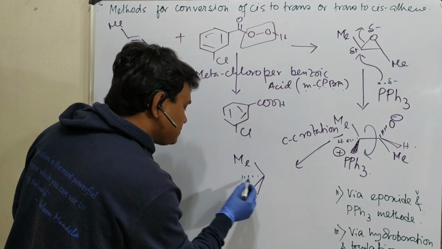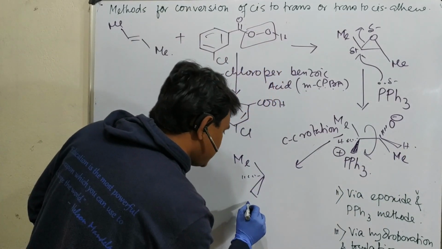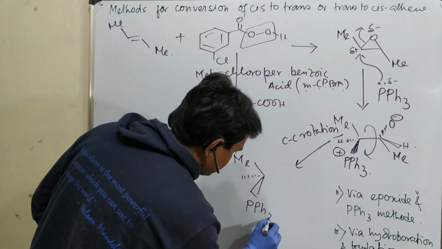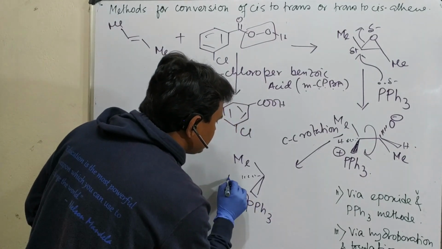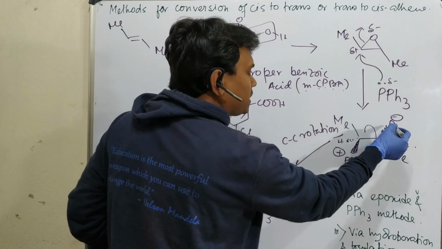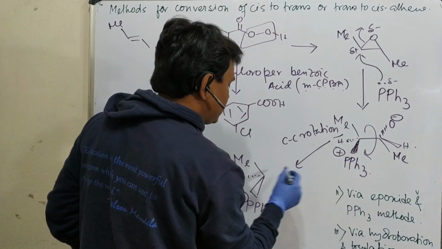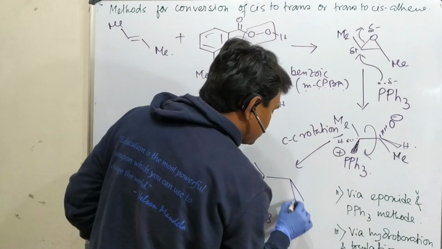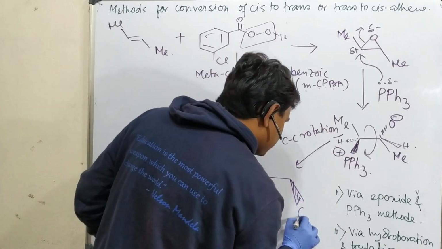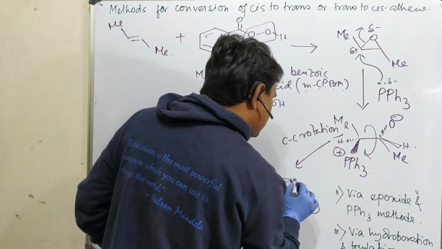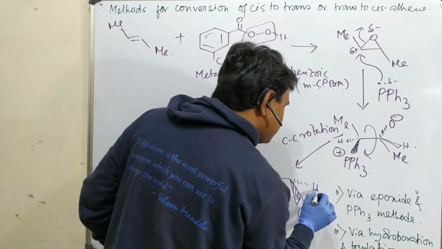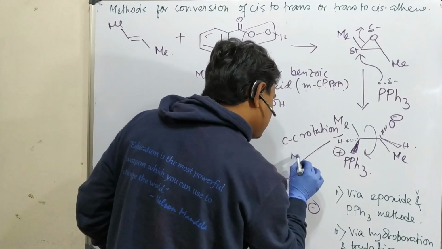This is the O minus, this is PPh3 plus, and this is hydrogen. If it rotates, from the back it will come to the front. Now why? I will explain. I want to say that it is possible that this rotation can occur.